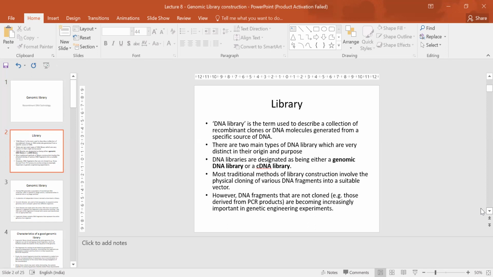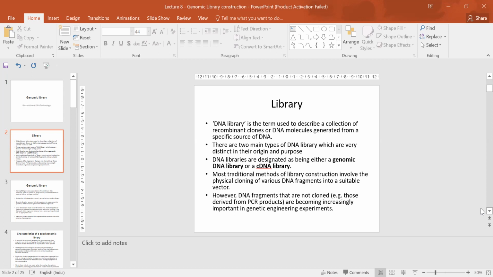In our previous videos, we have discussed how to make clones, how to make recombinant clones, and how to express them through transformation or another process called electroporation. There are two main types of DNA libraries, and they vary as I discussed. The DNA libraries are designated as being either the genomic DNA library or the cDNA library.